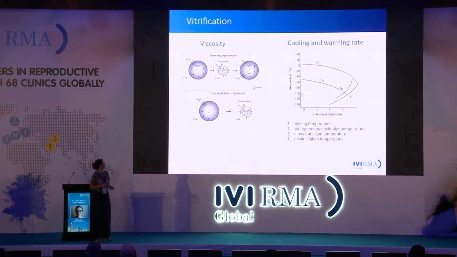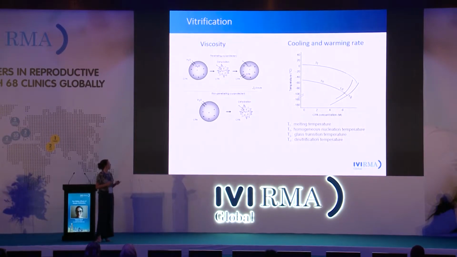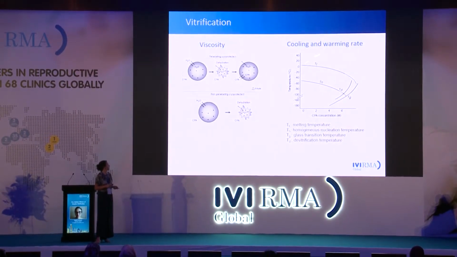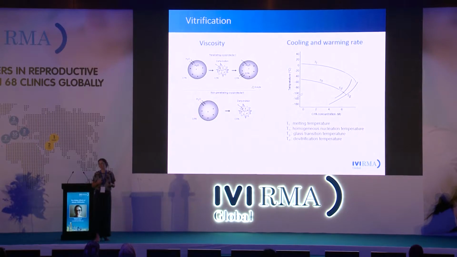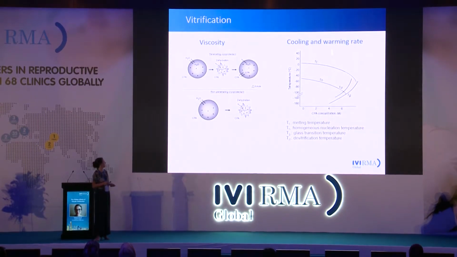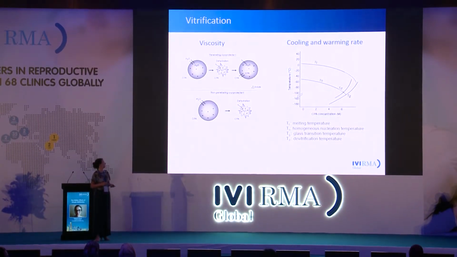Then the cooling and warming rate are very important; you want a very high cooling and warming rate. When you look at a phase diagram of a hypothetical aqueous solution, you can see that above the melting temperature you have a liquid phase, and below the melting temperature you have a high risk of ice crystal formation. So during vitrification, we want to avoid the cell becoming in this phase.